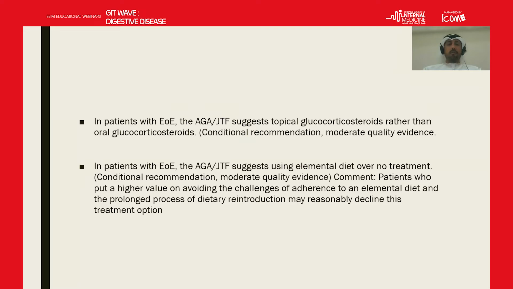Also, they recommend using topical glucocorticoids rather than oral glucocorticosteroids. The JTF also suggests using an elemental diet over no treatment. It is very difficult to commence a patient on an elemental diet, and it's even more difficult when you reintroduce the food to decide which ones to introduce.